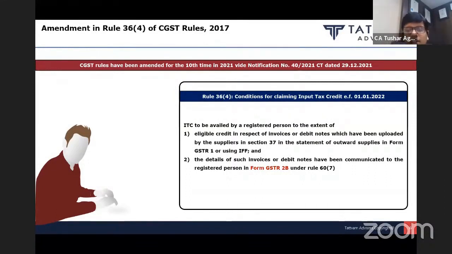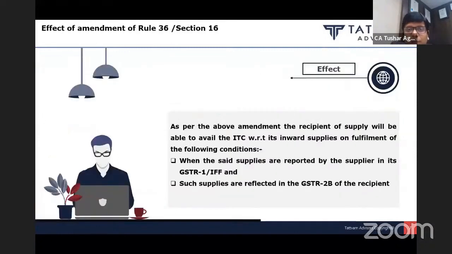So reading together the section 16 amendment and the Rule 36(4) amendment, it is clear that after 1st January 2022, credit will be available to a taxpayer only on the basis of reconciliation of GSTR-2B versus 3B. So ultimately, I have to download the data in form of GSTR-2B from my portal, reconcile it with my purchase register, and then only will I be in a position to take the credit. They have made it explicitly clear that the credit will be available on the basis of GSTR-2B and not 2A.